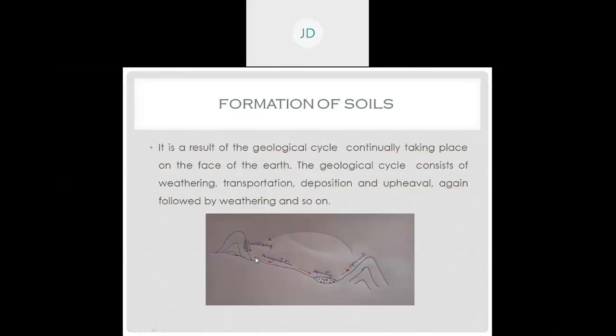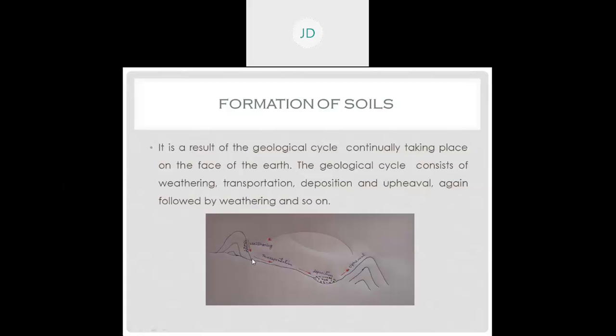Some of the soil or rock particles which are lighter can be transported to a new position, but some rock particles which are heavier may remain at this position nearby the parent rock. They may not be transported by any agent.